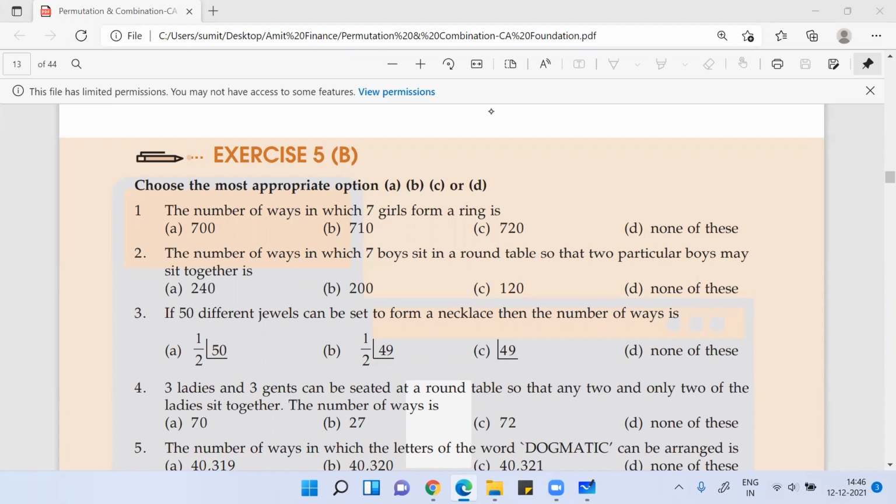Fourth one, sir, option C. Option C. How will you do fourth one?